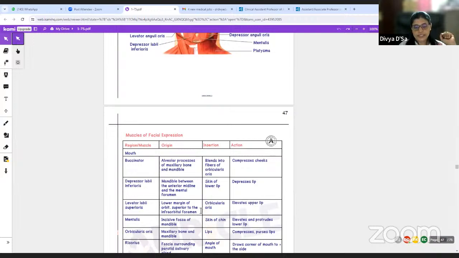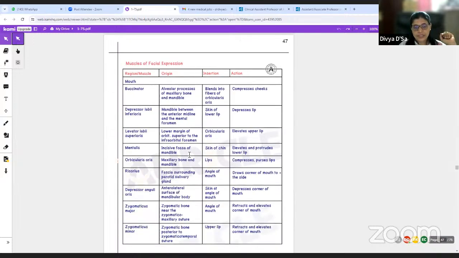So this elevates the upper lip. Mentalis muscle comes from the incisive fossa of the mandible. It's a smaller muscle, and it gets inserted into the skin on the chin. So what does mentalis do? Mentalis helps in elevating and protruding the lower lip.